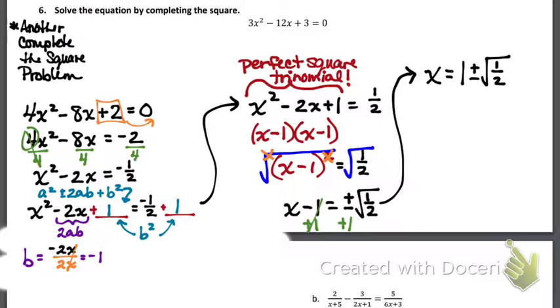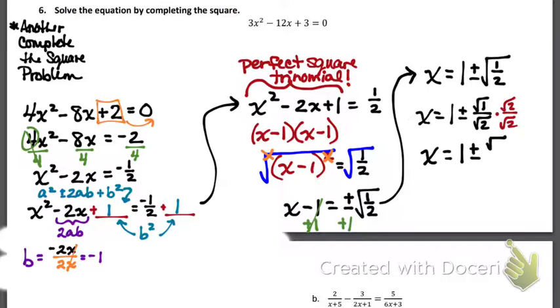I have to rationalize that denominator, because that is exactly the same thing as saying the square root of 1 over the square root of 2. So I'm going to rationalize my denominator here. So I have x equals 1 plus or minus the square root of 2 over 2.